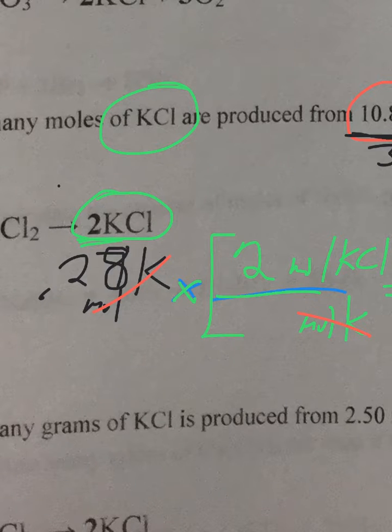What's my mole of K? So this is going to give me my mole of KCl, which is what I'm looking for, right? So 0.28 times 2, divided by 2, equals 0.28. Yes, it's going to be the same thing.